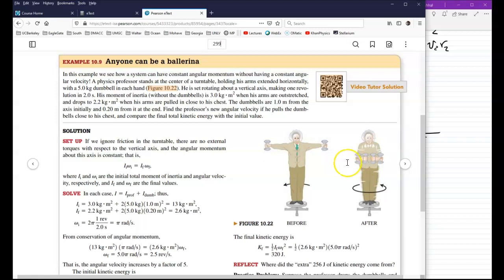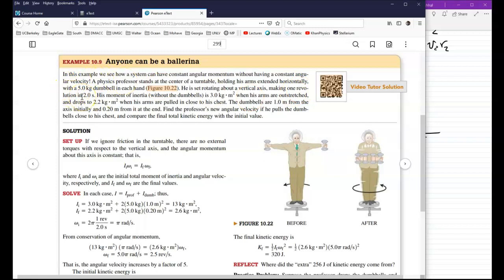Here it says in this example, a physics professor stands at the center of a turntable holding his arms extended horizontally with a 5 kilogram dumbbell in each hand. He is set rotating about the vertical axis. The vertical axis is somewhere above his head like that. Making 1 revolution in 2 seconds.